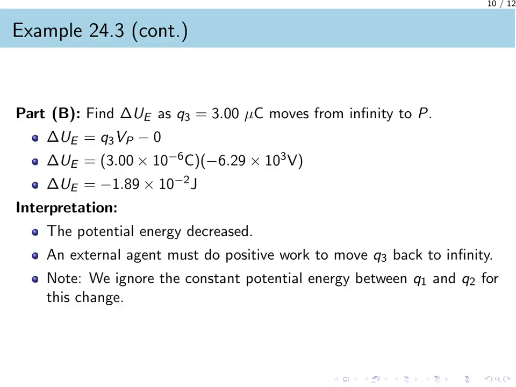Multiplying 3 microcoulombs by negative 6.29 times 10 to the third volts gives a change in potential energy of negative 1.89 times 10 to the negative 2 joules. This negative result means the potential energy of the system has decreased. Consequently, an external agent would need to do positive work to move this third charge back out to infinity. Note that we ignore the constant potential energy between the first two charges because their separation distance does not change.